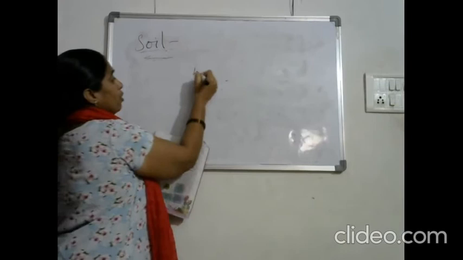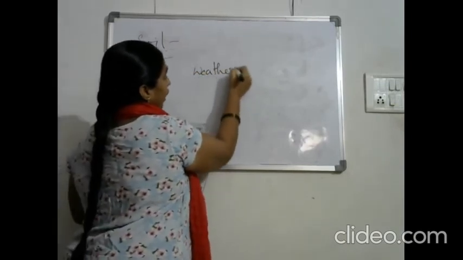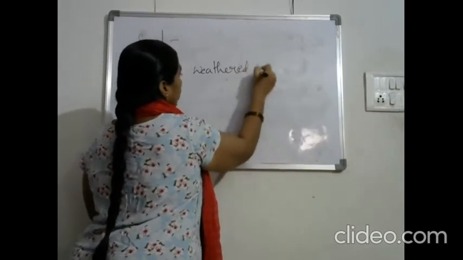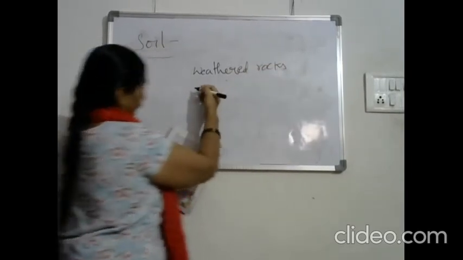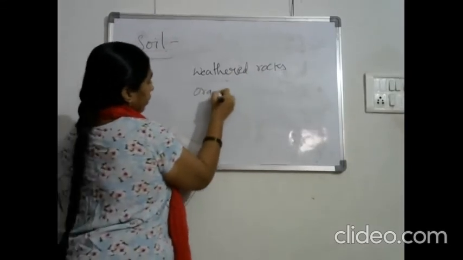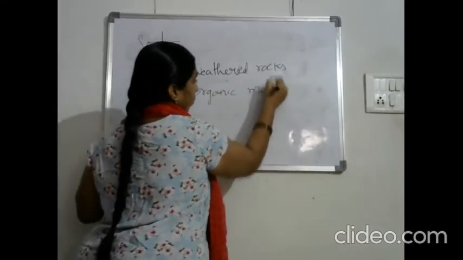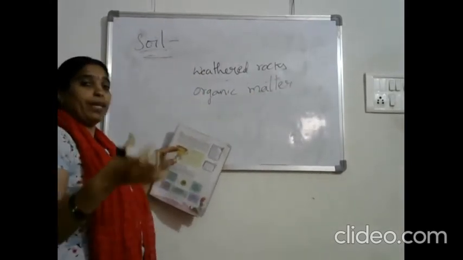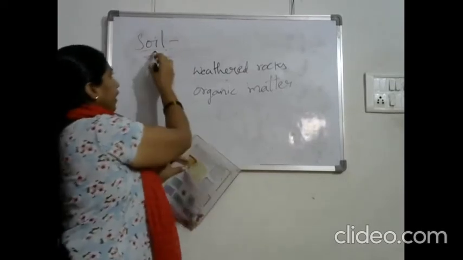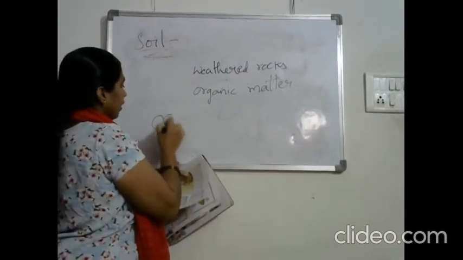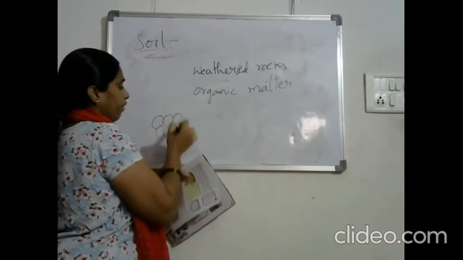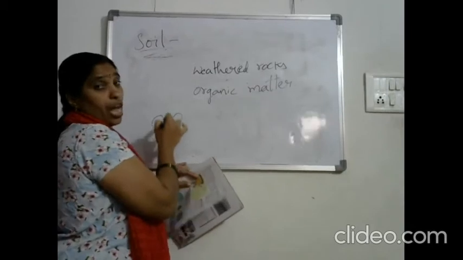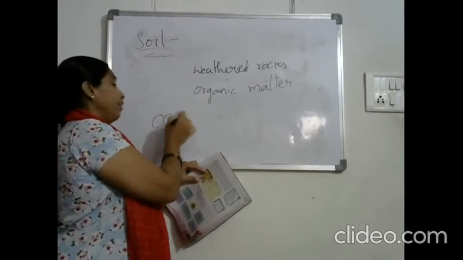Okay, now how is this soil formed? This soil contains the weathered rocks and organic matter. What is this organic matter? As we are saying, soil is formed by the breakup of the rocks. When the rocks are there under the earth's surface, there are also plants and animals which are dead in between these rocks.